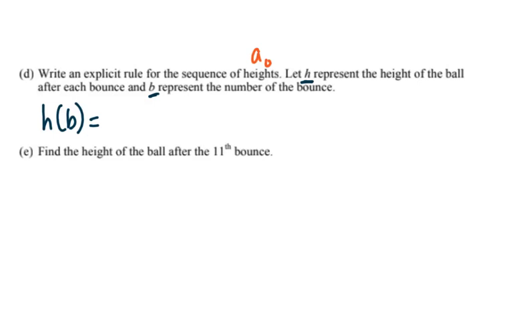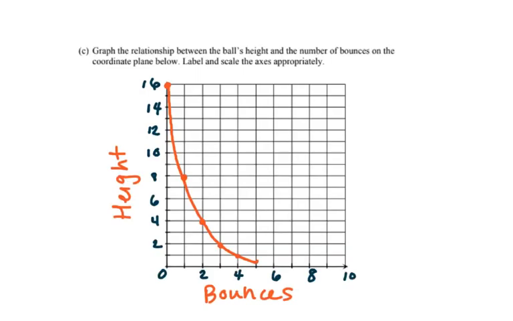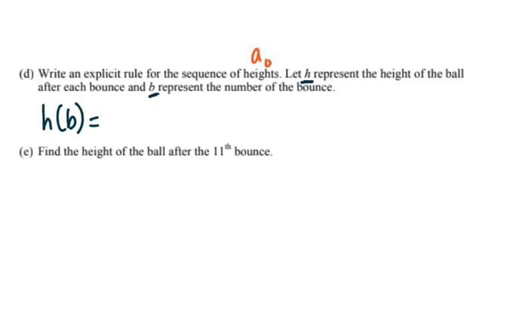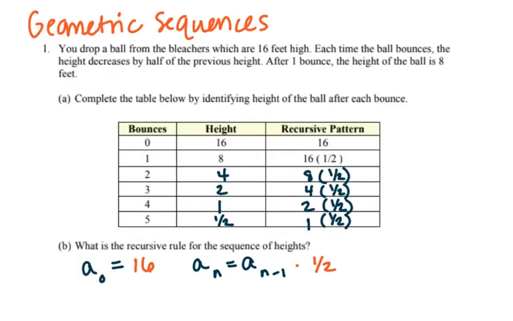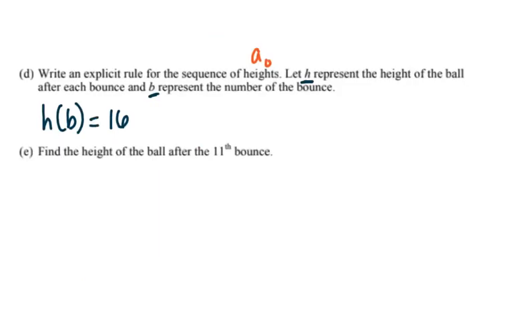Okay. All right, so the initial height of our ball was 16 feet. And then after that, what we're really doing each time, and it might be easier to see in the table, is we're just multiplying by a half over and over and over again based on how many bounces have gone by. So what we're going to do here is put times a half, and I like to put parentheses here.